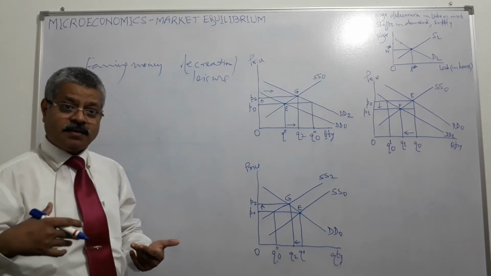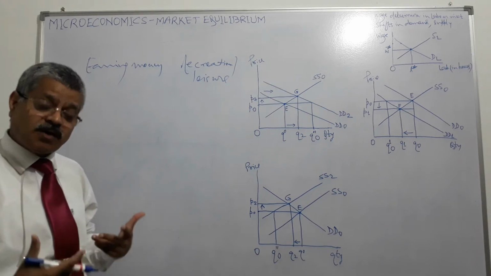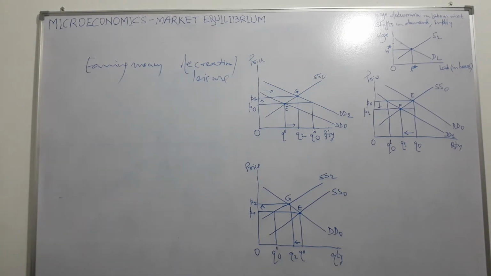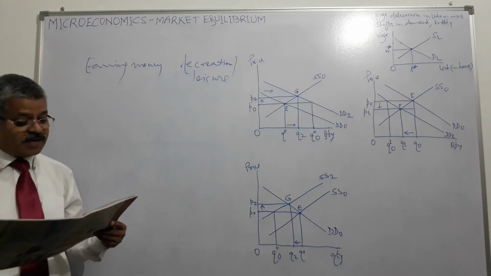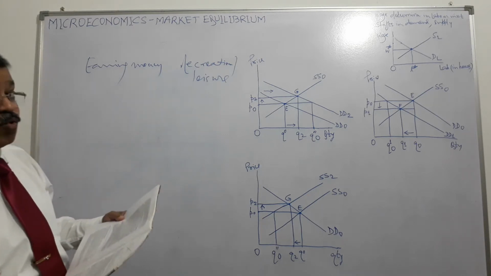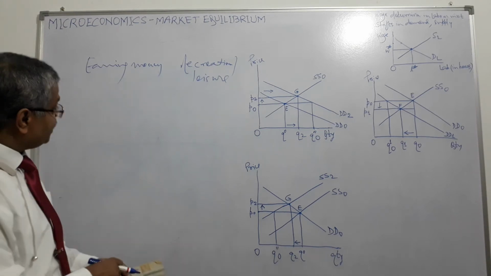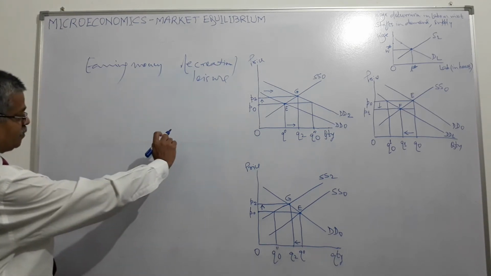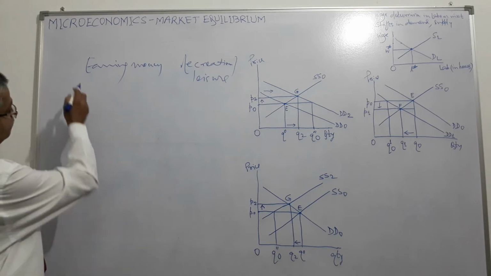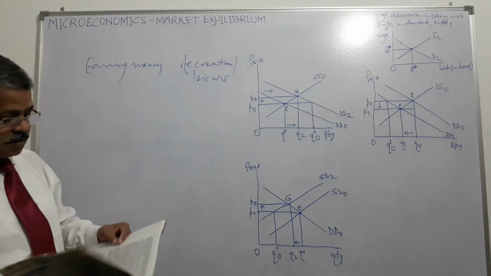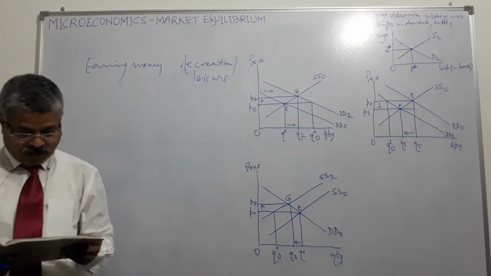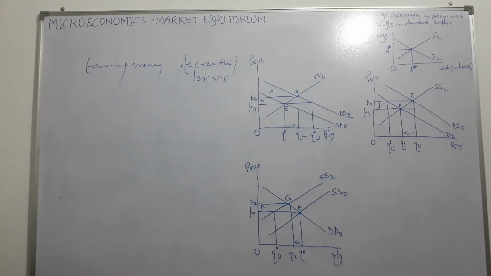Firms supply and we households receive the goods, right? So there is a trade-off between enjoying leisure and spending more hours for work. We have already discussed that the market supply curve is upward sloping and market demand is downward sloping. Now we will go to shifts in demand and supply, right?